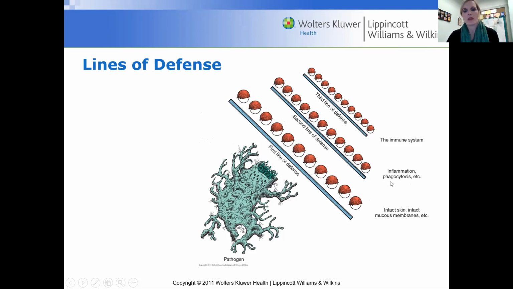We're going to talk about that. Inflammation, fever, things of that nature. And then if it makes its way through those mechanisms, then it is going to run into the third line of defense, which is going to be dependent on either exposure to that pathogen already, or again, a vaccine to that pathogen. It's going to be very dependent on what our immune system looks like.